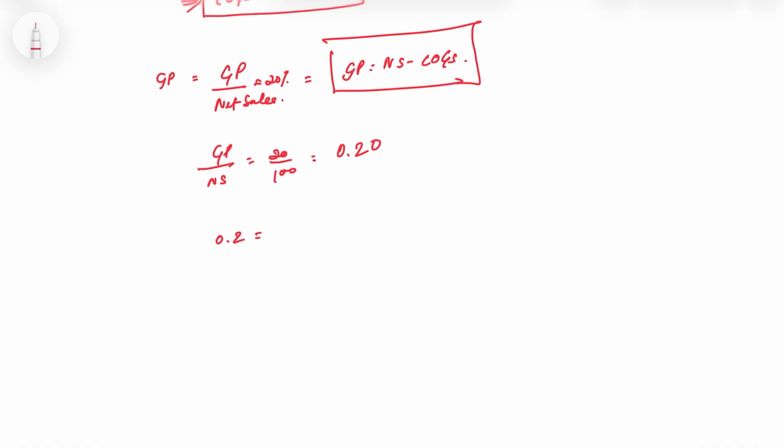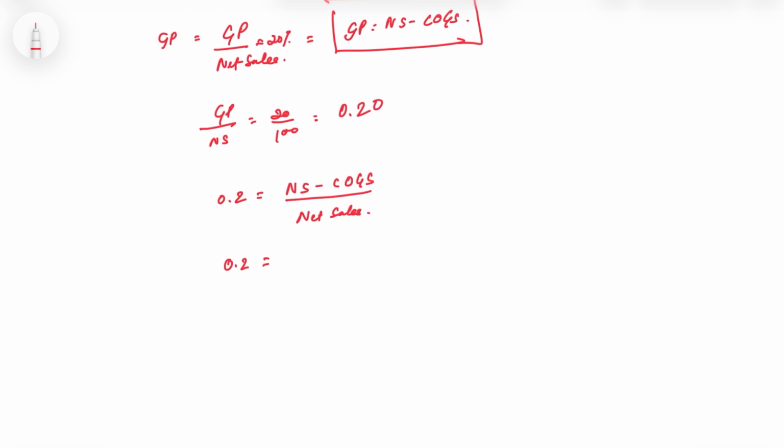Gross profit is net sales minus cost of goods sold, divided by net sales, so 0.2 is equal to (net sales minus cost of goods sold) divided by net sales.